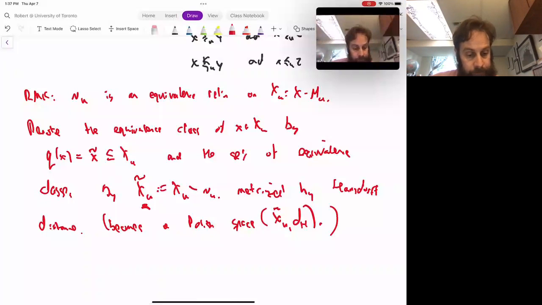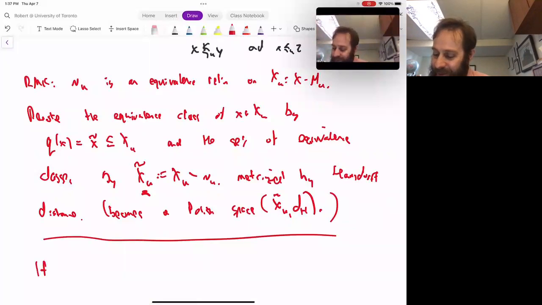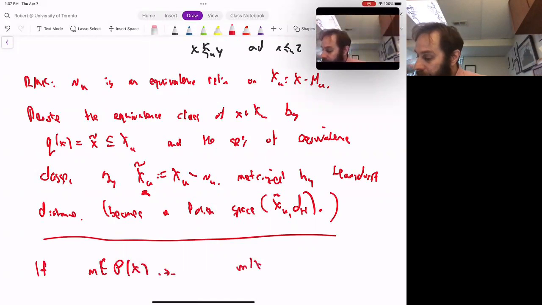Now there are two big ifs, and one of them is more serious than the other. Let's fix a Borel measure m on X, and let's take it to be finite. Oh, sorry, I just took it to be a probability measure.